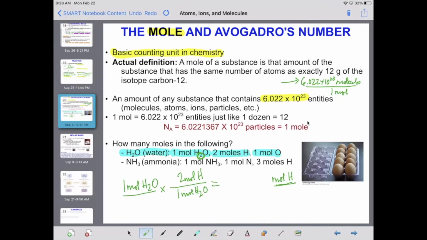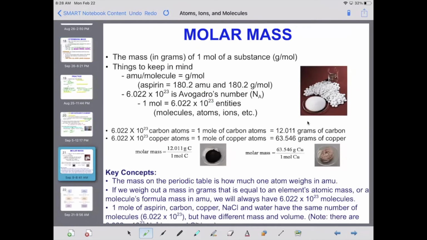I hope that's clear. If we go back, we talked about molecular mass a few slides ago, where you add up all the pieces of a molecule to figure out the mass using the atomic weights from the periodic table. Molar mass is the mass in grams of 1 mole of that substance.